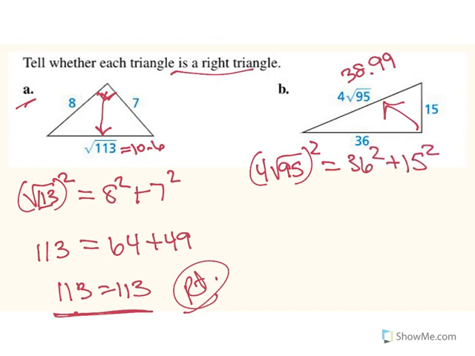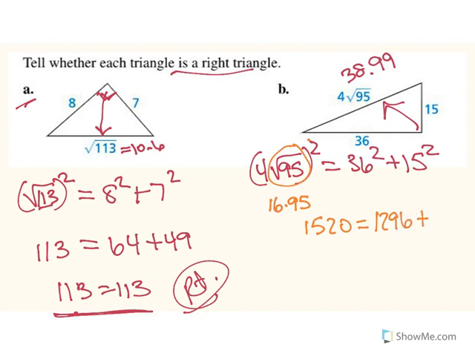Okay, so again, remember that radical 95 squared is 95, but 4 squared is 16, so it's really 16 times 95. That's a big number. So 1520 equals 36 squared.